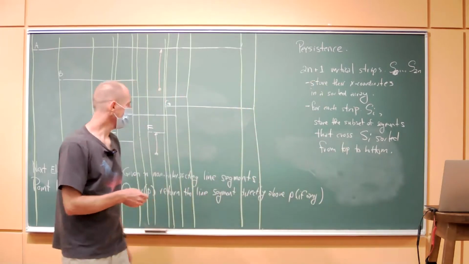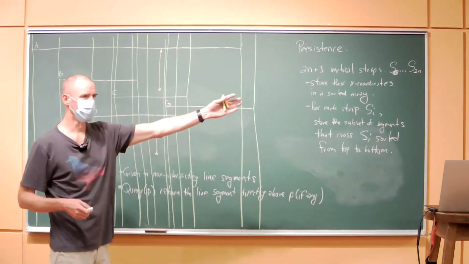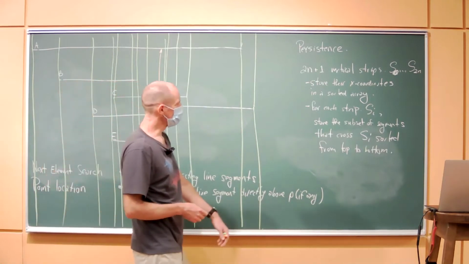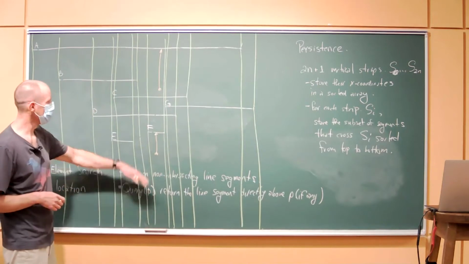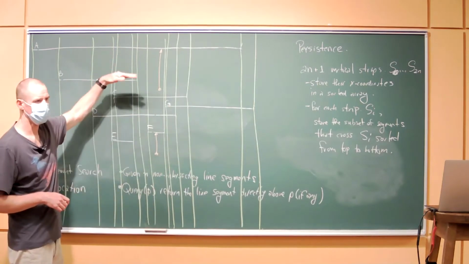Okay. So I think it's clear that the strips naturally go left to right, and as long as no two segments cross each other, then sorted from top to bottom has a natural meaning, even if they're not all horizontal like this.